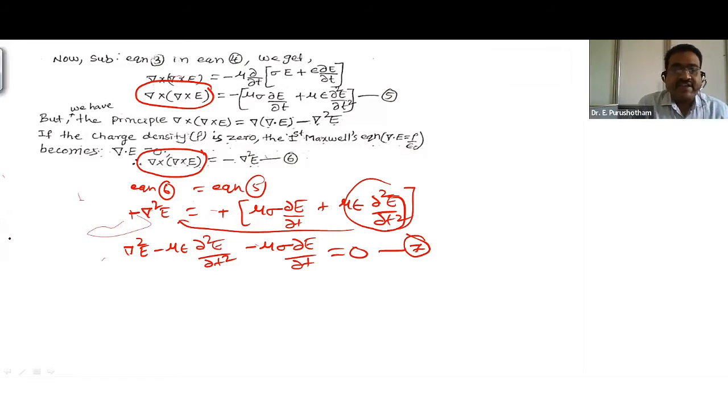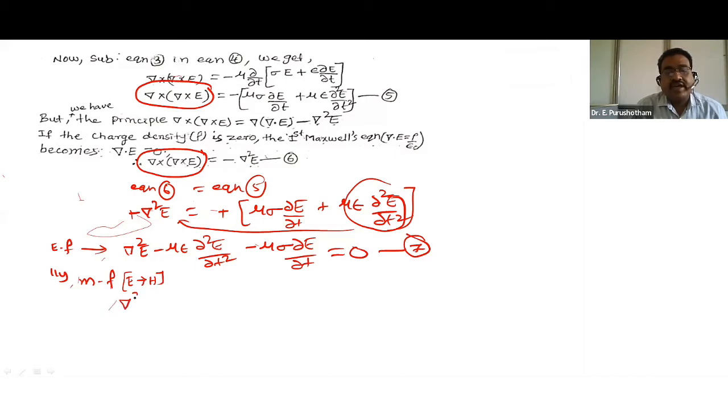So similarly we can write for the magnetic field. So this is the electric field equation. Similarly we can write for magnetic field. For magnetic field, you remember at the place of E you should take H.